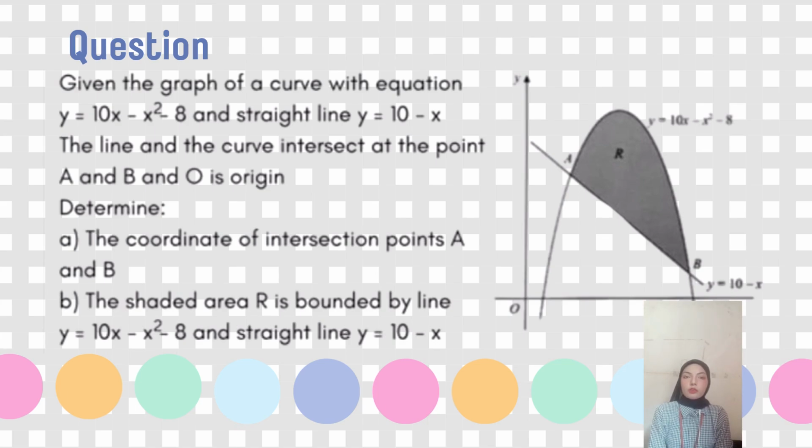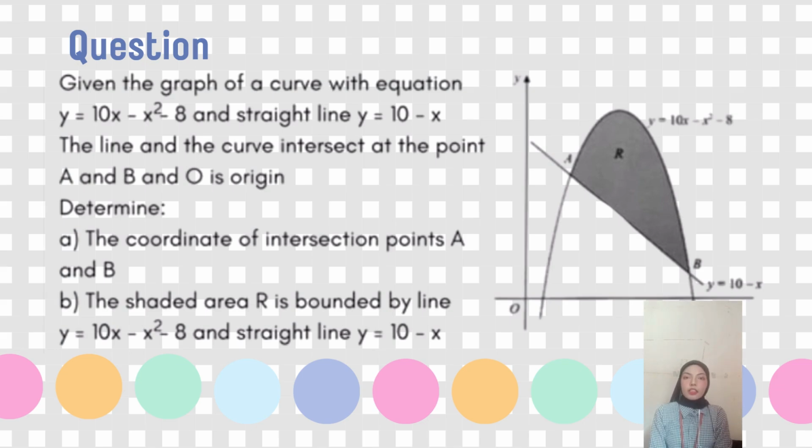So now I'm going to read the question. Given the graph of a curve with equation y equals 10x minus x squared minus 8 and the straight line y equals 10 minus x, the line and the curve intersect at points A and B, and O is the origin.